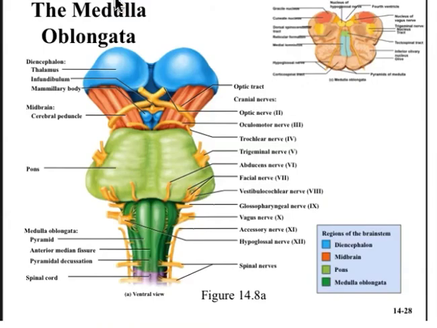Let's take a closer look at the medulla. What you're seeing here is an anterior look at the brainstem, and let's point out a couple of features. Note the pyramids. The pyramids are these baseball bat looking things, these green baseball bats in the front that I'm pointing to. The pyramidal decussations are the areas in the pyramid where nerve tracks actually cross from the ipsilateral to the contralateral side.